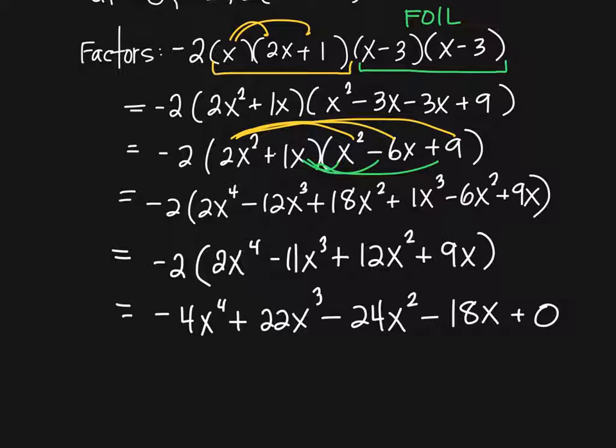Thank you, Rose. Okay, and then type in this beastly long equation. So -4x to the 4th plus 22x cubed minus 24x squared minus 18x.